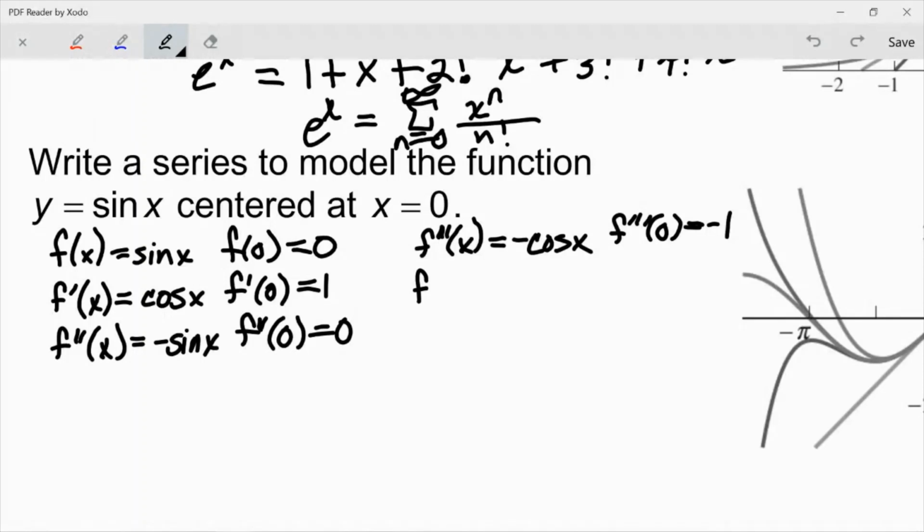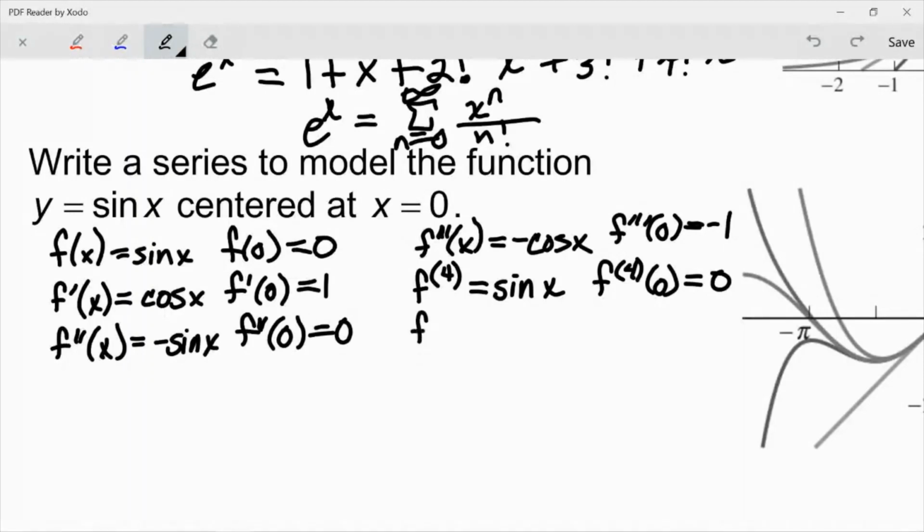Once we get past the third derivative, I don't want you to keep using primes. It's not very practical at that point to write it or to read it. So we'll start using the notation where in parentheses we'll write what derivative we're taking. So this is the fourth derivative. It would be sine x. And the fourth derivative evaluated at 0 would be 0.